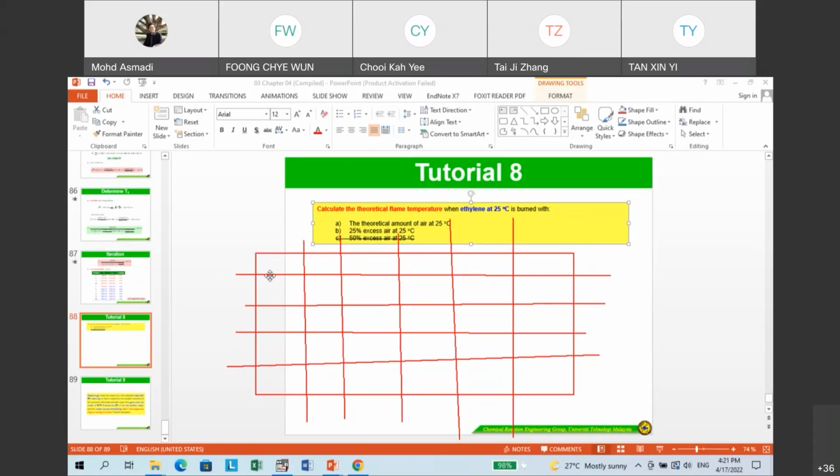So you just write the elements: oxygen, CO2, and what else? H2O.